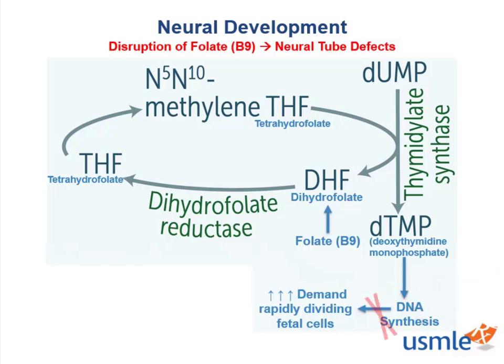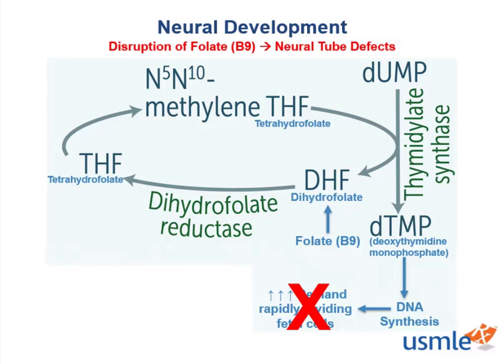Therefore, disruptions of the folate metabolism can lead to neural tube defects, as the demand of rapidly dividing fetal cells for DNA cannot be met. This occurs most commonly due to folate deficiency in pregnant women.